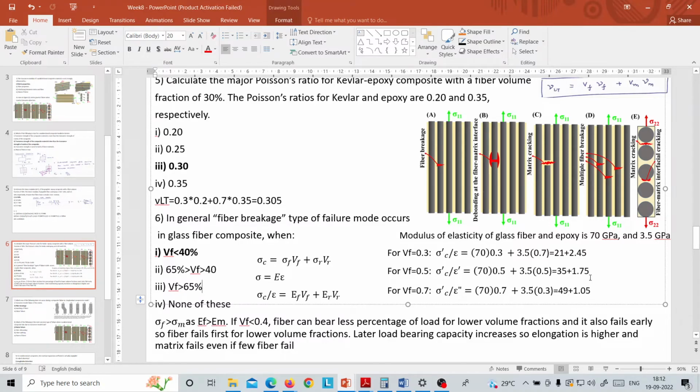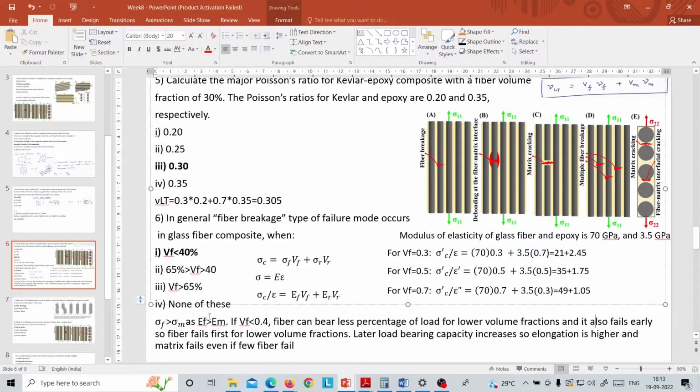So strain is increasing. Now the matrix will fail more rigorously when strain is higher, because the Young's modulus of the matrix is quite low, and therefore for higher volume fraction cases the matrix will fail instantly, while in lower volume fraction cases the strain is lower, so the matrix has ample time to expand, absorb some energy, and then break whenever its break strength occurs.